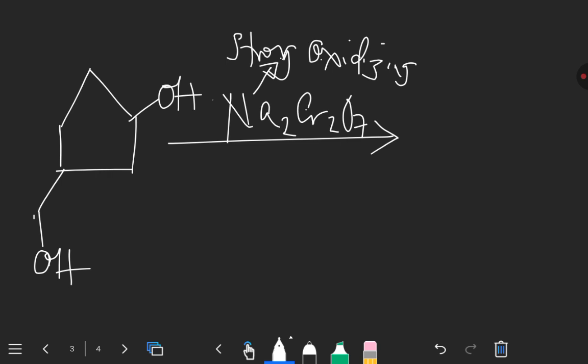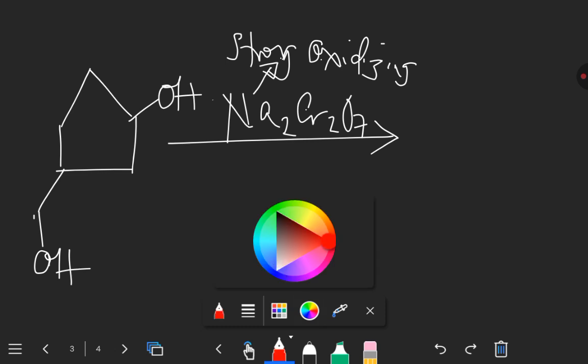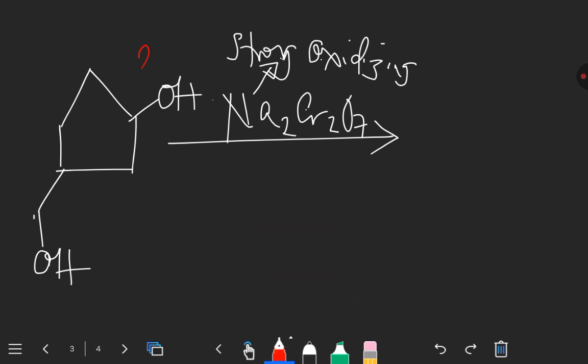So we can see that alcohol there is a secondary alcohol. Then this alcohol is simply a primary alcohol.